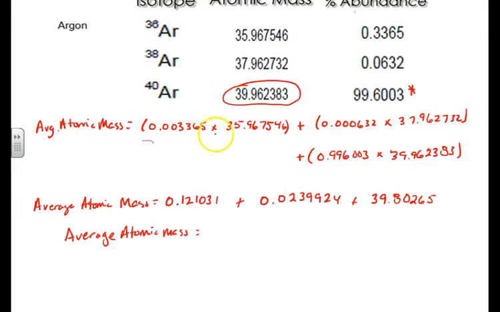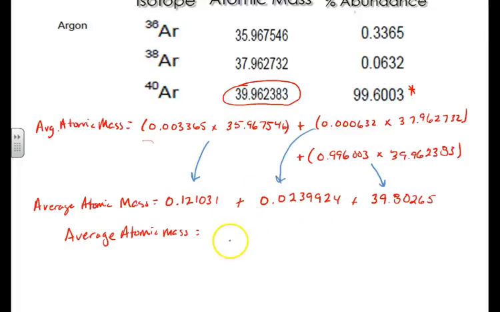So doing the multiplication, 0.003365 multiplied by this mass gives this number. This multiplication, 0.000632 times this mass, gives this number. And then we have this percentage multiplied by our third mass, which gives this number.